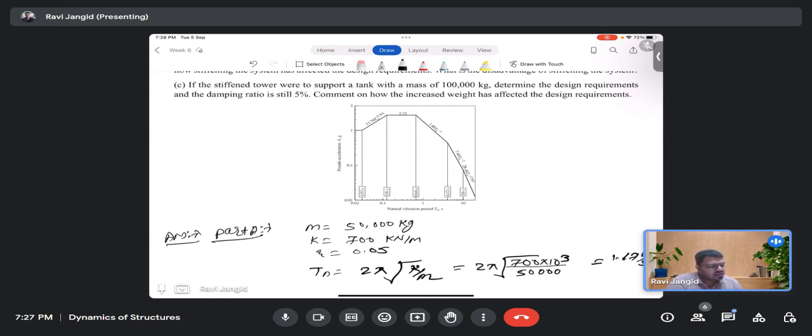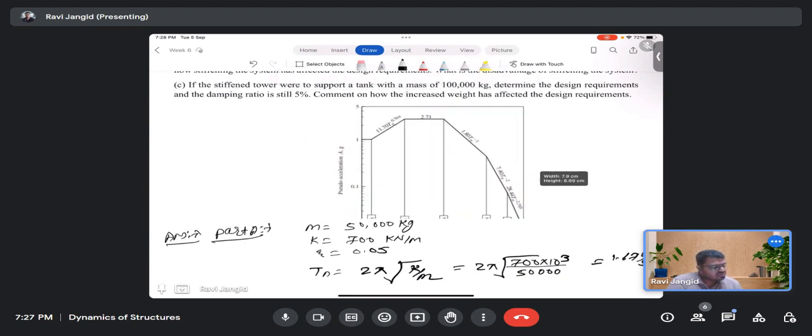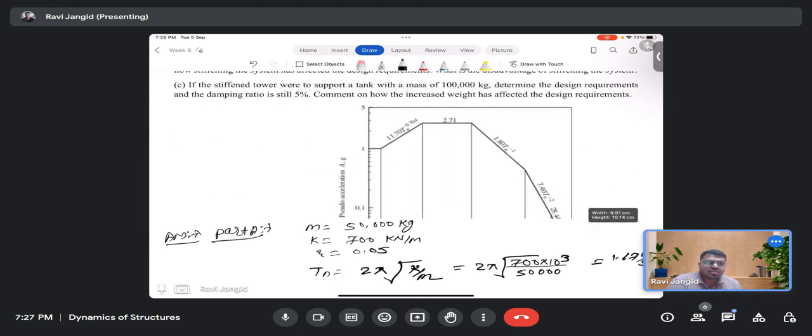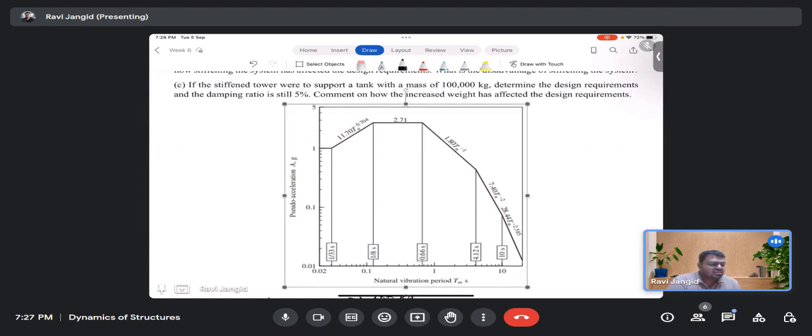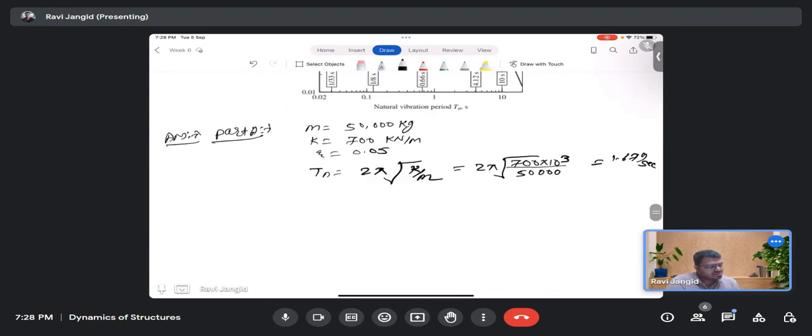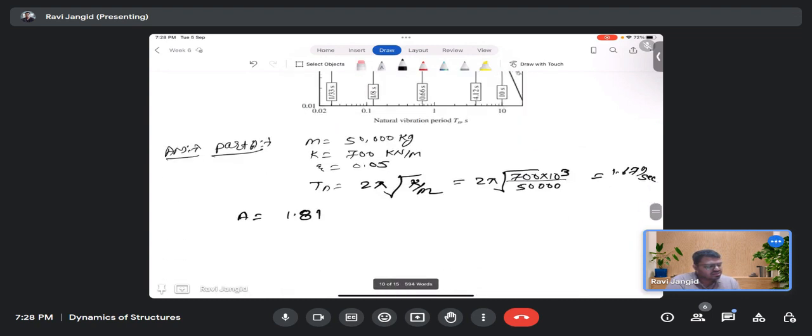So let me try if I can zoom it. Now it is visible. So that is this one, 1.8. So your a is given as 1.8 multiplied with the Tn inverse.